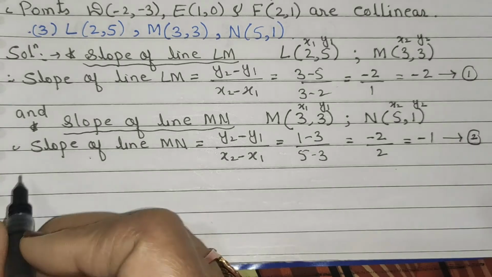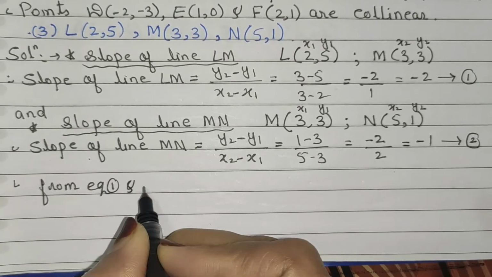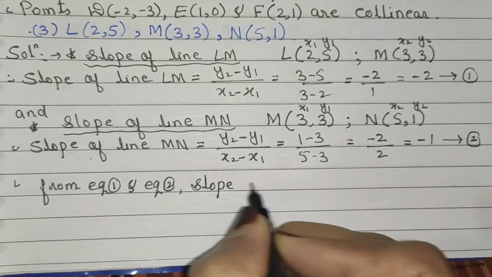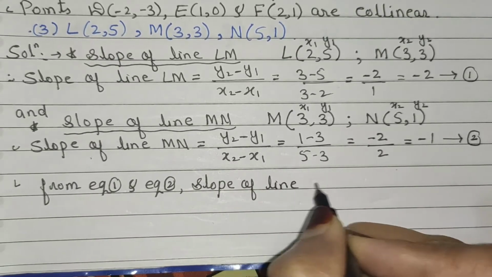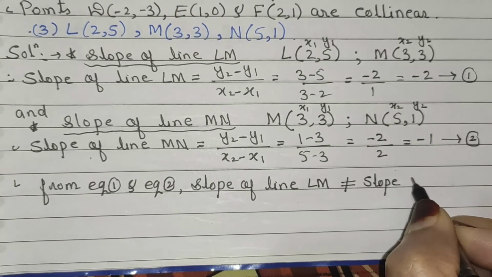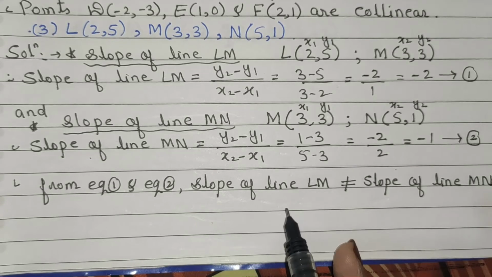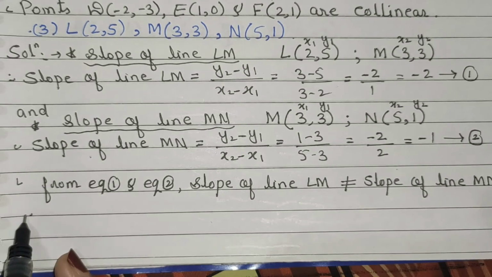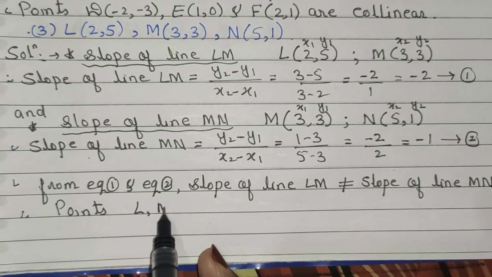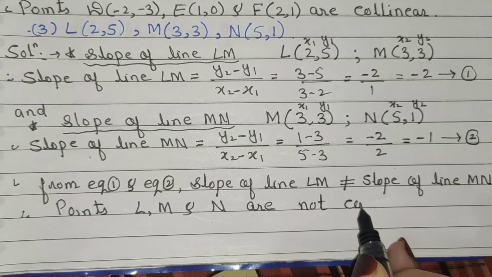Both are different, therefore from equation 1 and 2 slope of line LM is not equal to slope of line MN. यहाँ ये दोनों भी स्लोप इक्वल नहीं है, therefore we can write here points L, M and N are not collinear.